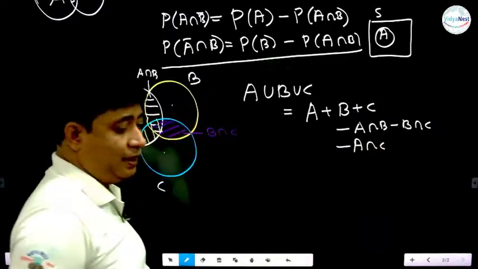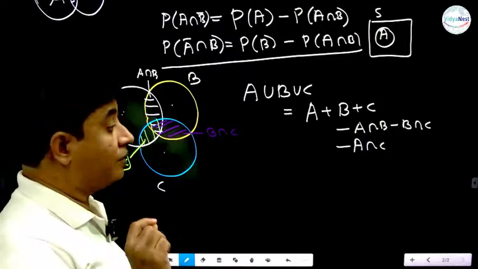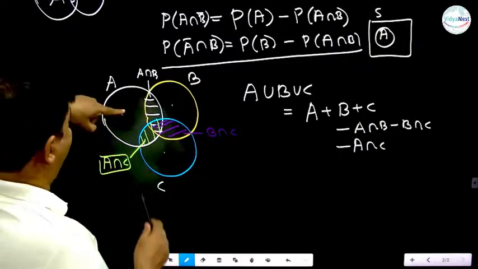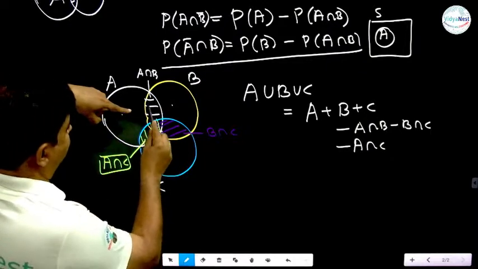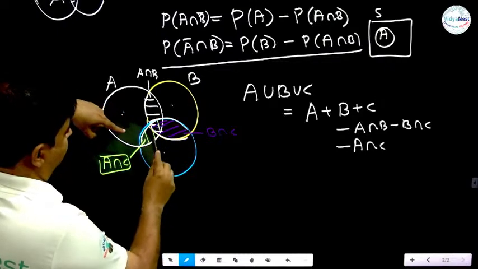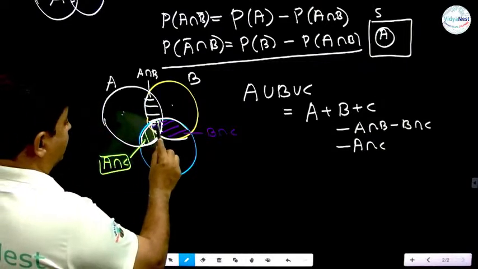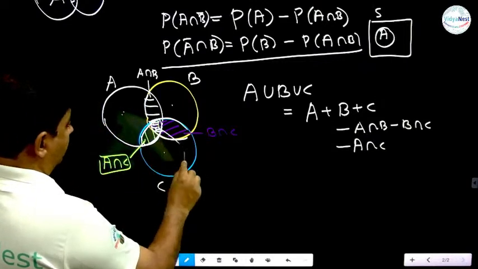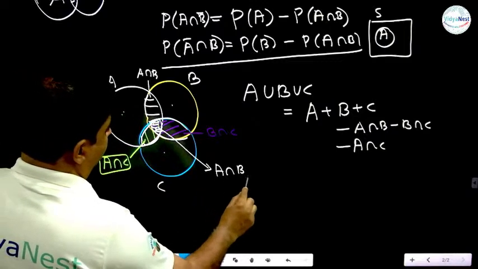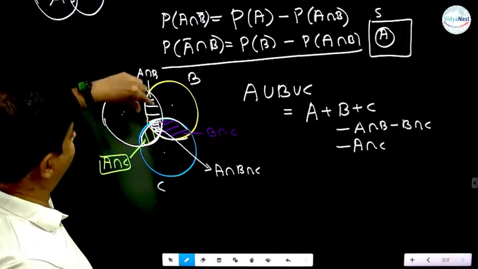ओके, ठीक है. But okay, sir. इसमें एक चीज को देखना होगा ध्यान से कि when I am excluding this region and this region, in this process this common region, that is A intersection B intersection C, is being subtracted twice.